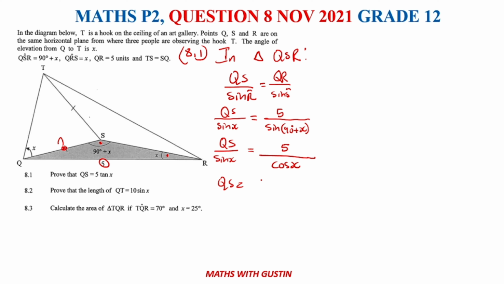QS is equal to 5 sine X over cos X, and we know that sine over cos is equal to tan. So therefore 5 tan X. Beautiful, nicely worked out. When you stick to the basics, you could never go wrong.